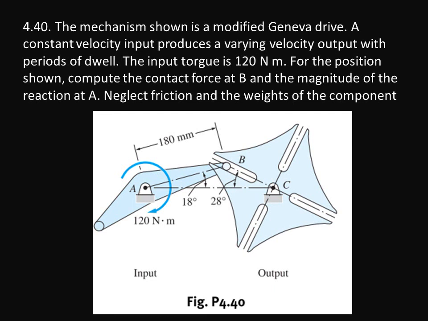The input torque is 120 Nm. For the position shown, compute the contact force at B and the magnitude of the reaction at A. Neglect the friction and the weights of the components.